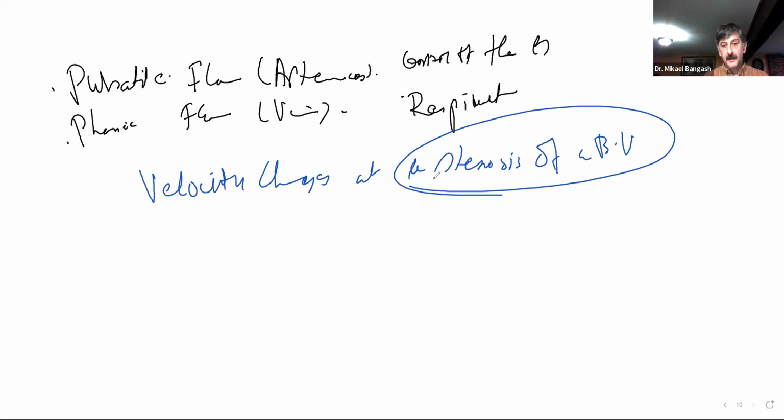Now, what we already said is, where are the common blood vessels where we see stenoses or narrowing? Primarily, that is arteries.